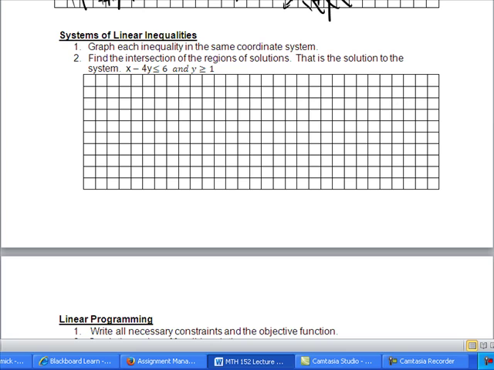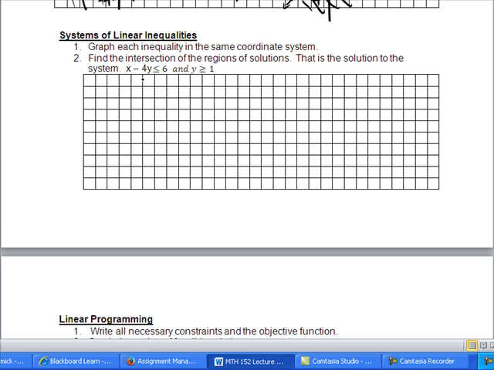So I have a system listed here. I have two inequalities.